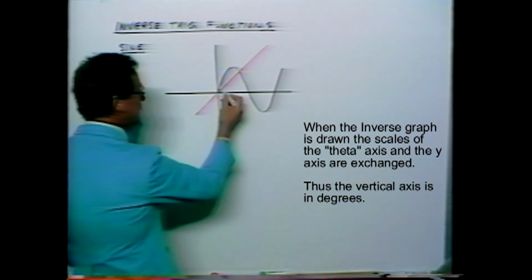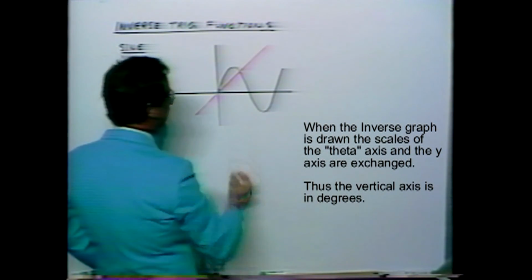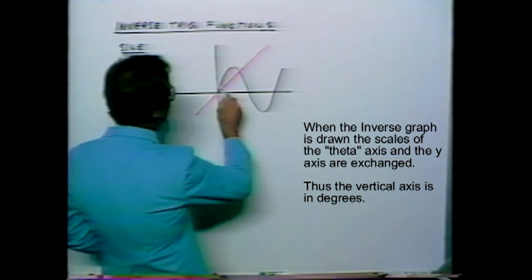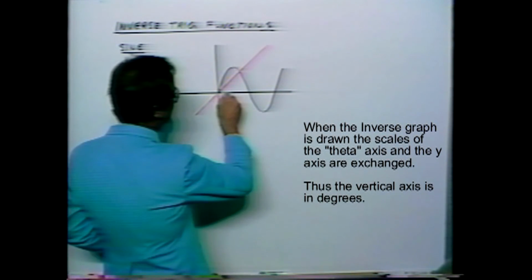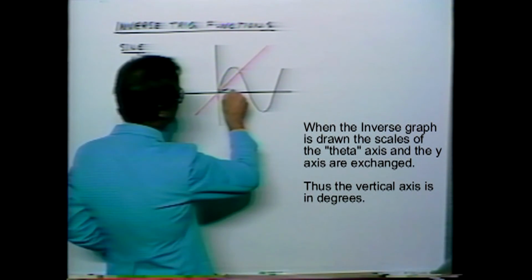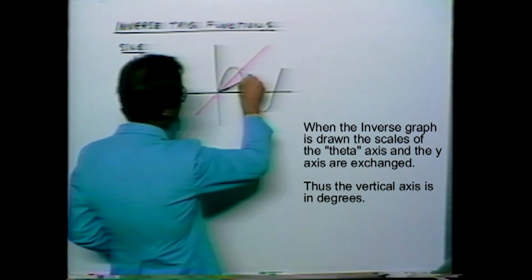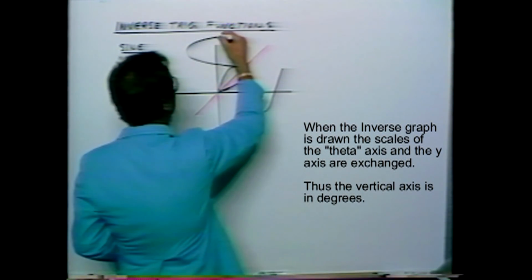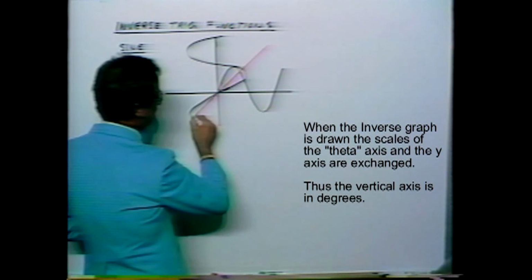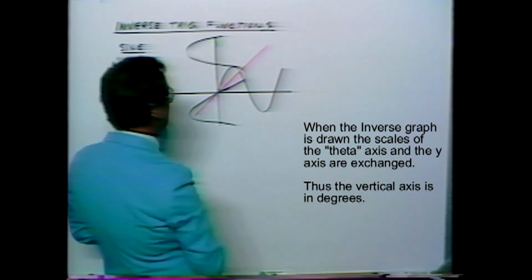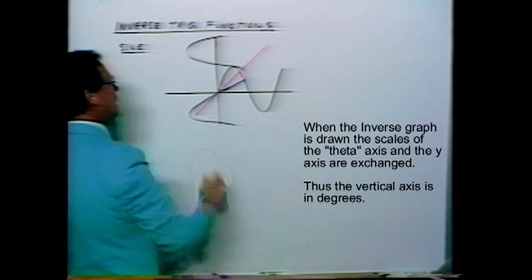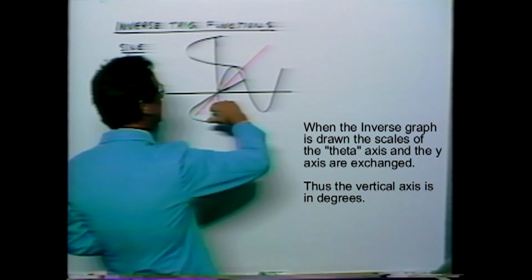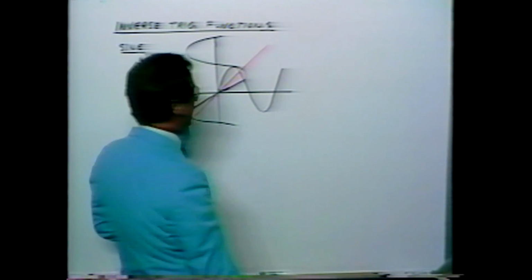And the apparent image you see on the other side is the inverse function. And it goes something like this. And of course it continues down like this. In other words, the sine curve is drawn up along the y-axis, and it's similar in shape to the sine function drawn along the y-axis.